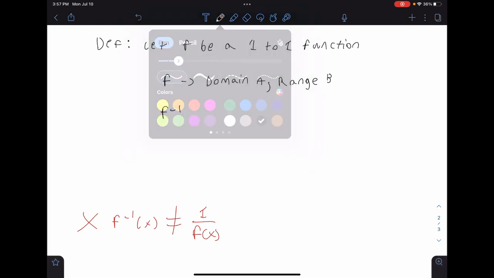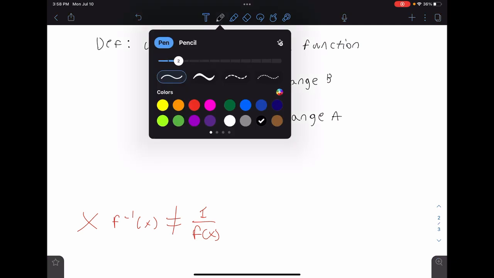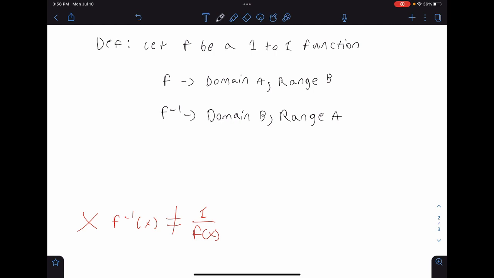What f inverse means is that we take a 1-to-1 function and we basically just flip the domain and range. So if we have a function here, the domain is A, the range is B. The inverse of f has domain B and range A. I don't want anyone making this mistake at the bottom here. f inverse of x does not mean it's 1 over f of x.